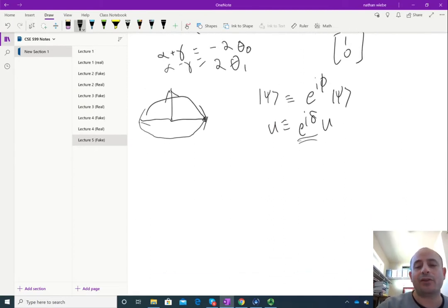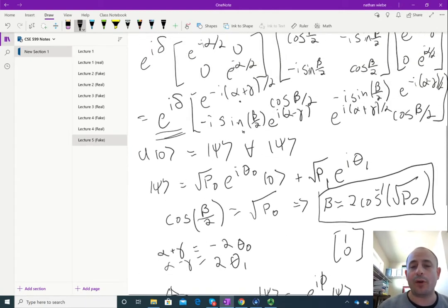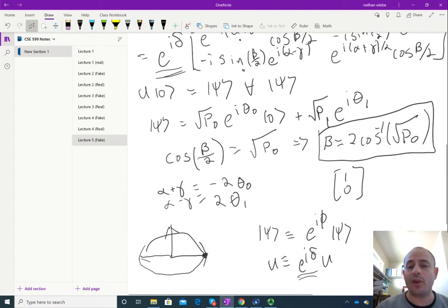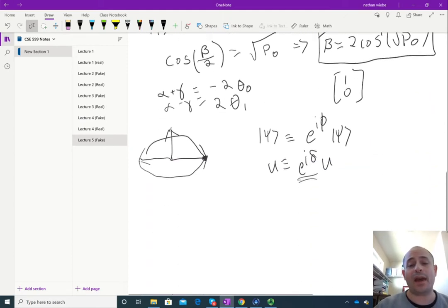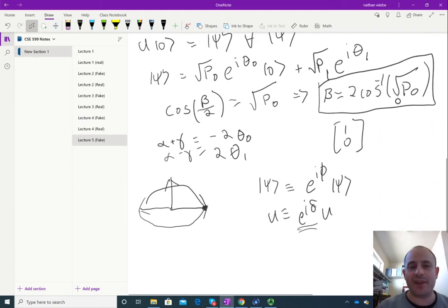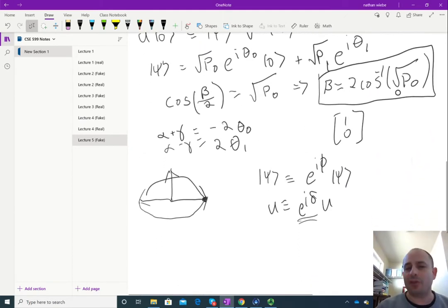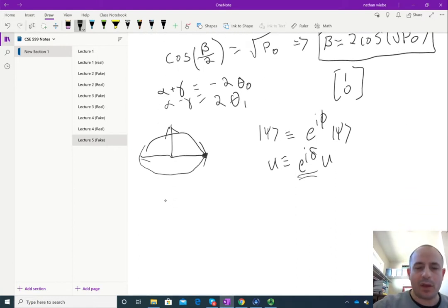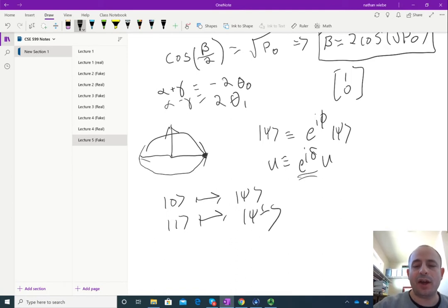But this second vector, up to a global phase, is constrained just by orthogonality. So by choosing our angles according to the above rules, we already have enough to guarantee that the unitary transformation will map 0 to psi, and it will map 1 to psi perpendicular.